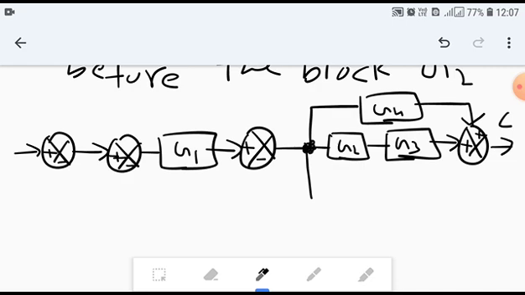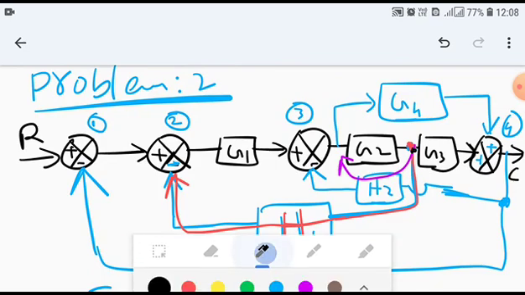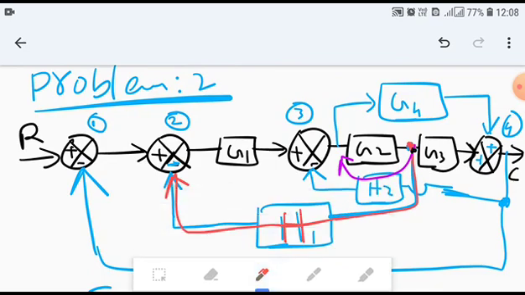And when we moved the takeoff point or branch point from between G2 and G3 to before G2, we are losing the gain of G2. When the takeoff point is present between G2 and G3, we are getting the gain of G2 also.